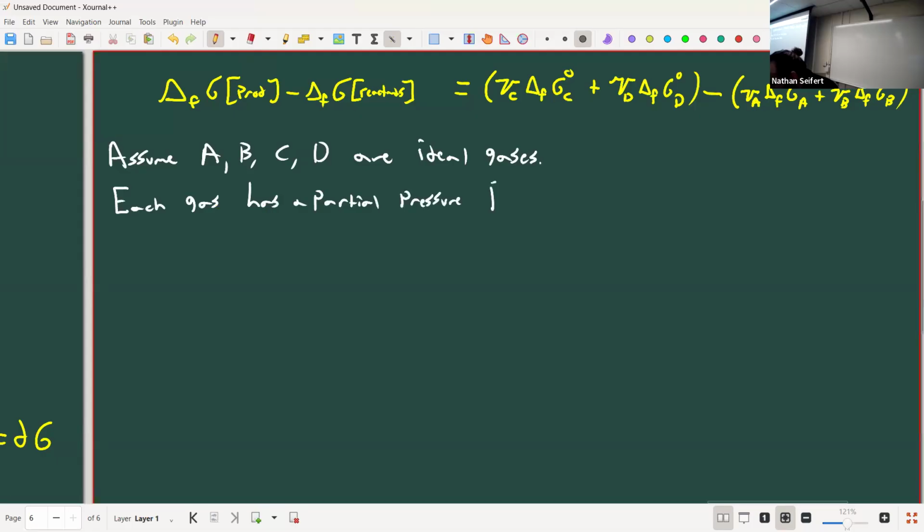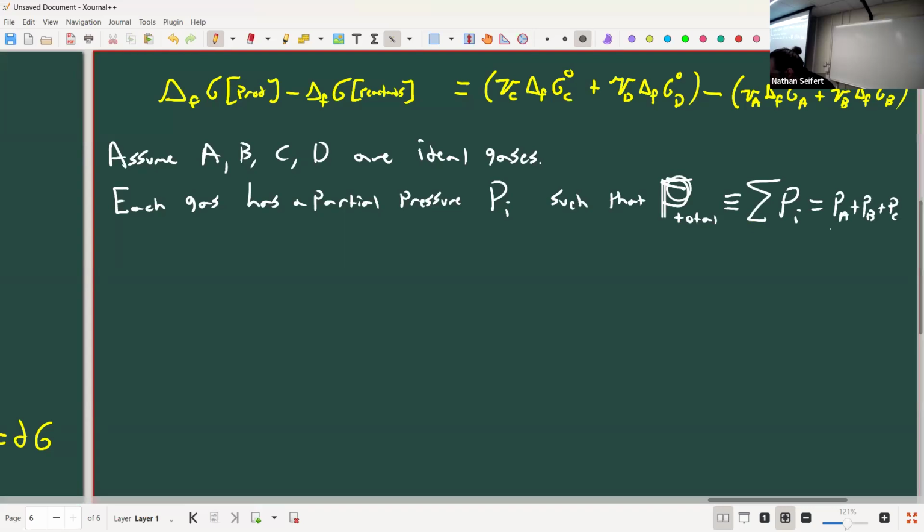They each contribute some P sub i pressure such that the total pressure of the system, P total, is equal to the sum over all the little partial pressures. For this system, that would be PA plus PB plus PC plus PD.